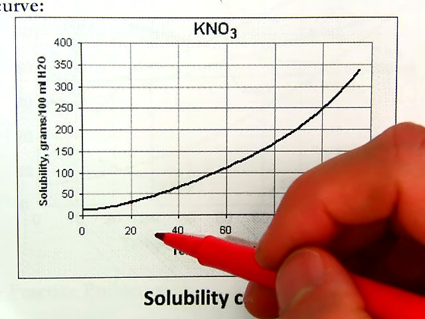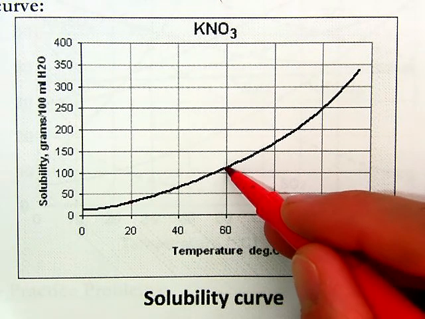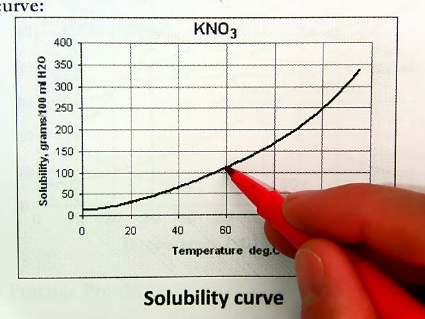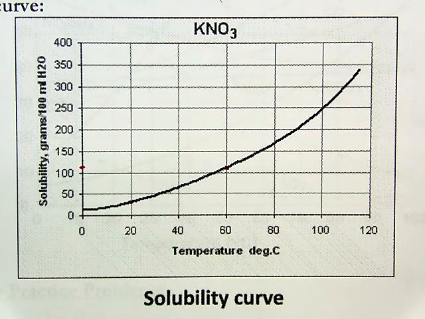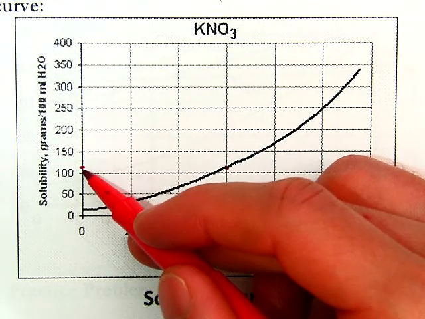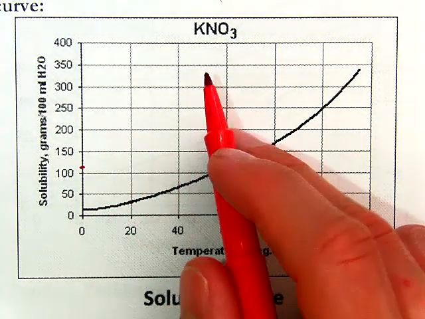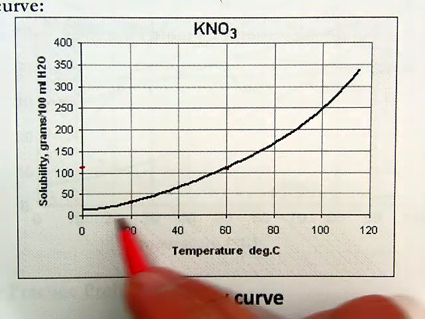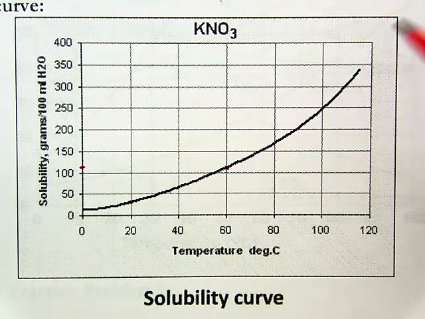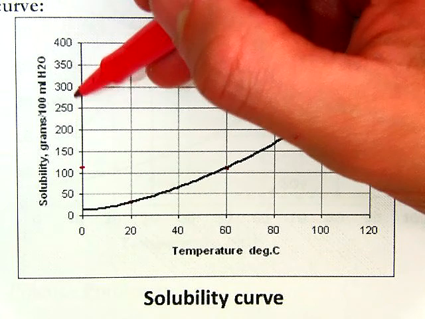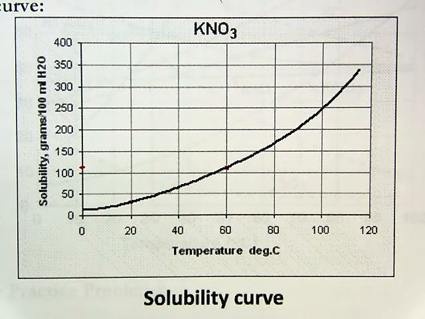But if you warmed it up to 60 degrees Celsius, to here, the maximum amount of KNO3 you could dissolve is maybe like 110 grams of KNO3 in 100 grams of water at that temperature. So this happens for most solids: as temperature increases, the solubility increases. Gases follow the opposite trend. As temperature increases, gases' solubility decreases. That's just something to be aware of.